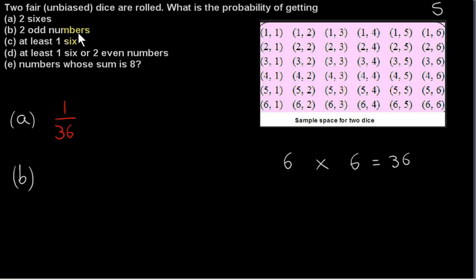What is the probability of getting 2 odd numbers? Well, we just have to count up the outcomes that contain just odd numbers. So the event which has outcomes just consisting of odd numbers has 9 elements in it.